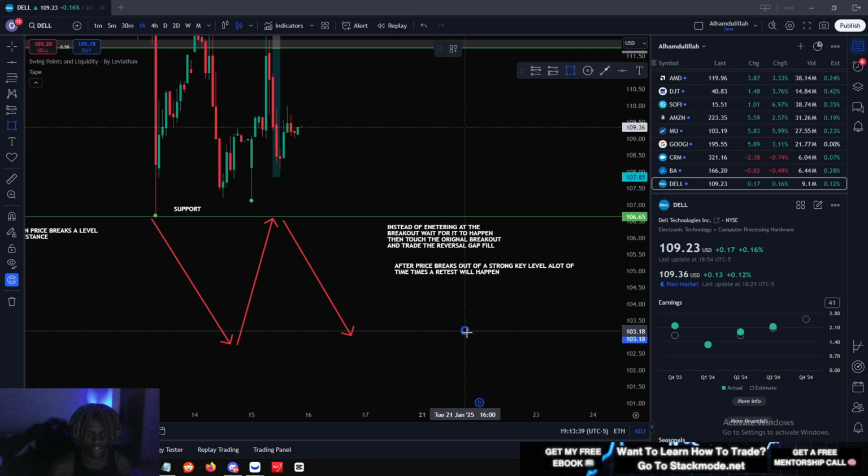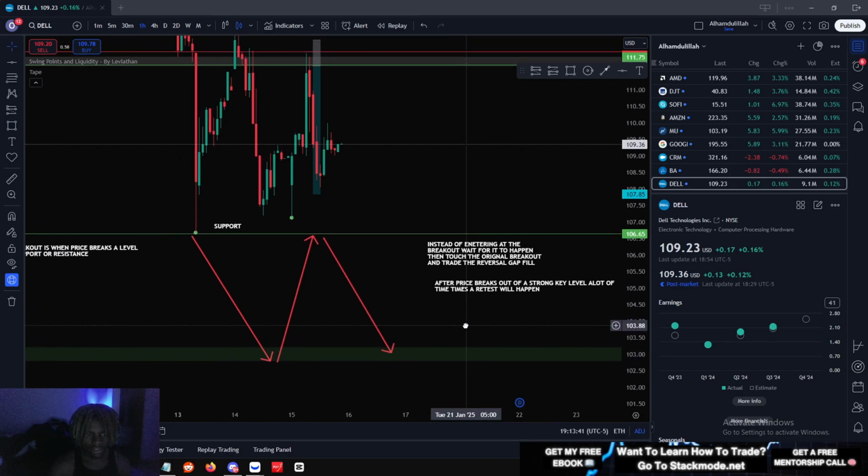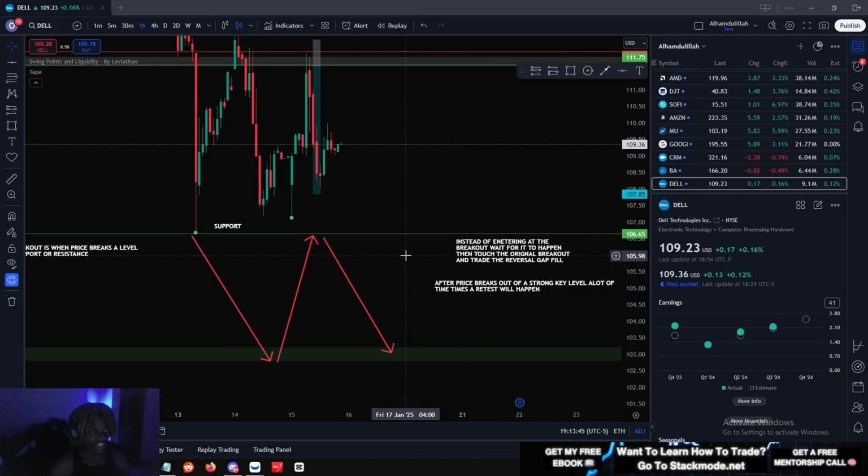And this is how your trade is going to be set up. So, break and retest is when price breaks out of an area of support or resistance, then comes back to the original entry and reverses to fill the original structure.